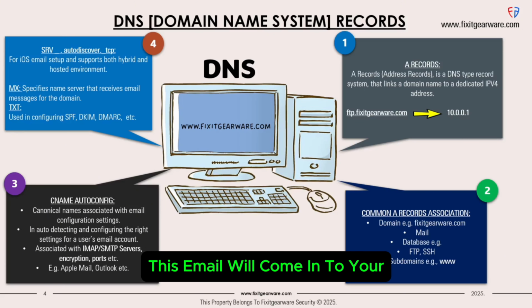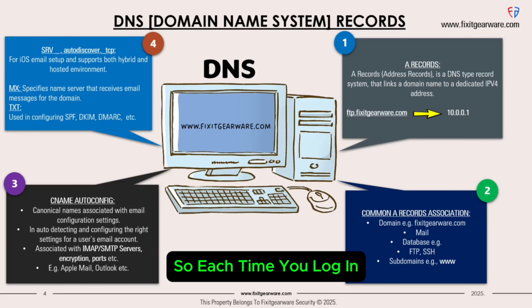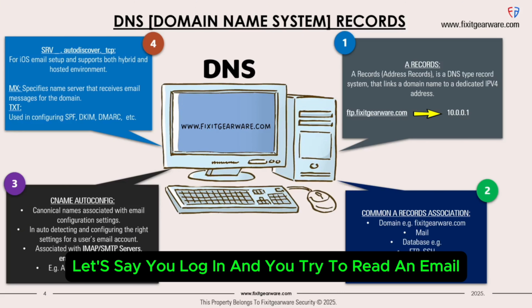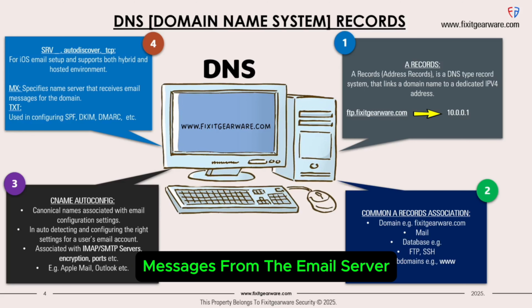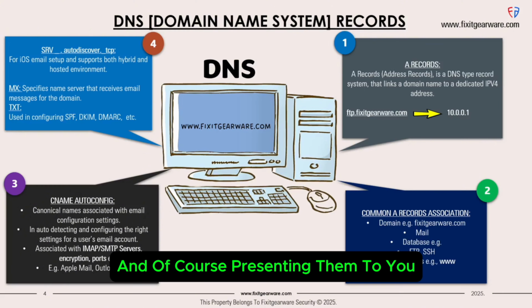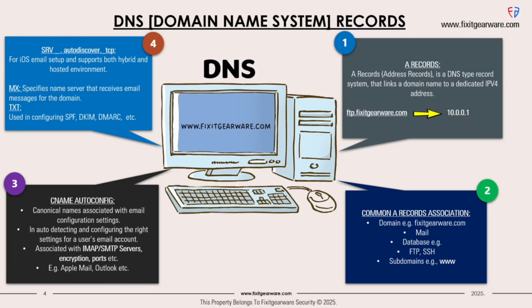This email will come in to your company's email server and it will be there. Each time you log in and try to read an email, IMAP is responsible for retrieving these email messages from the email server and presenting them to you.